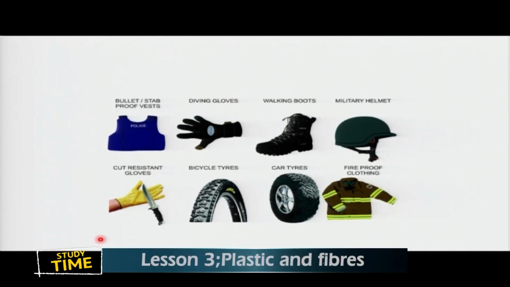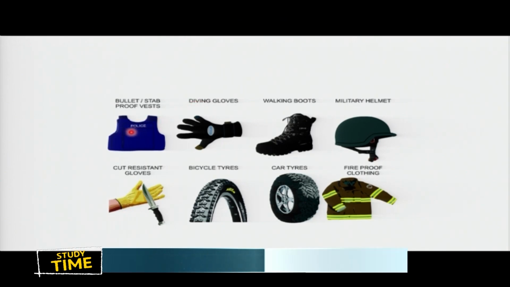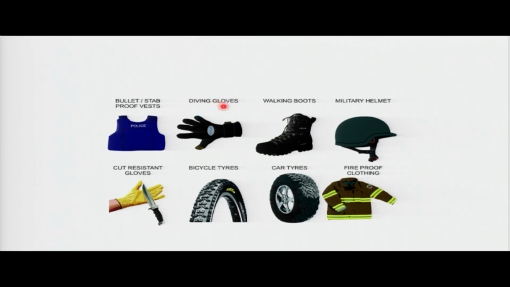So let's look at some of the pictures. Here we have a bulletproof vest, normally worn by the police. These are diving gloves, very resistant to fire and also heat. Here we have walking boots, normally worn by people who work in industries where there is high heat or high temperatures. Then military helmets, which normally protect the military people, they are normally bulletproof.